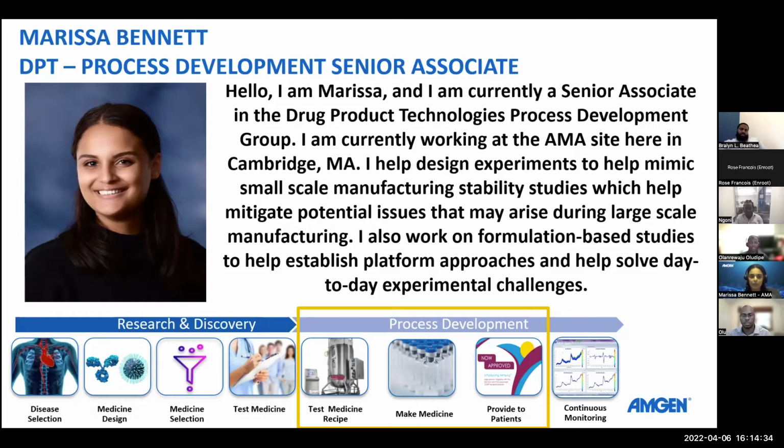How can we help establish better ways so that we're not running into these adverse events that may be occurring, and help solve and mitigate those issues.